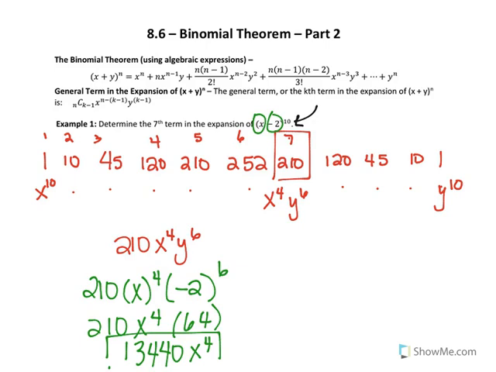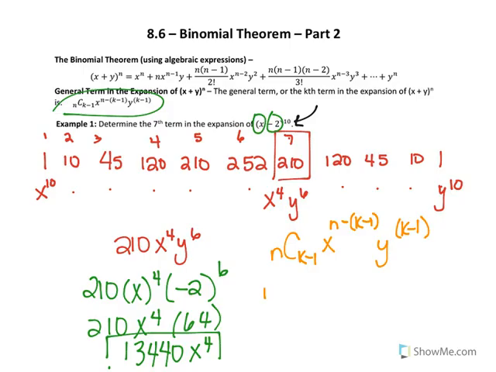So using Pascal's triangle is the best. You can also use this formula. So you could do n choose k minus 1, times x to the n minus (k minus 1), y to the k minus 1, and k is the term you're looking for.